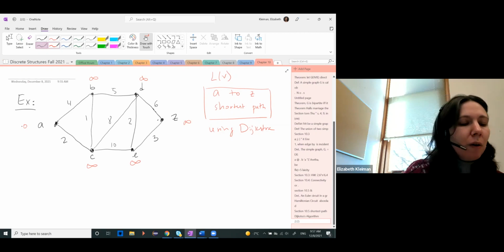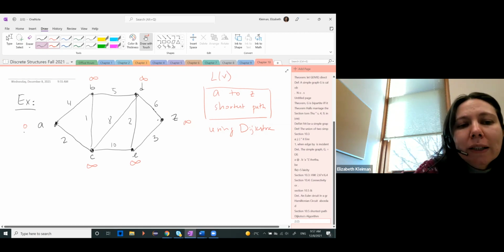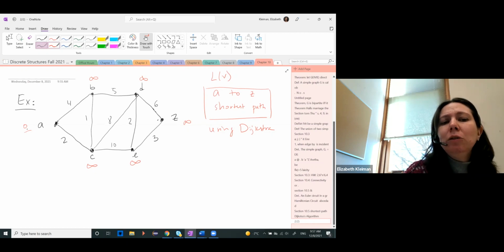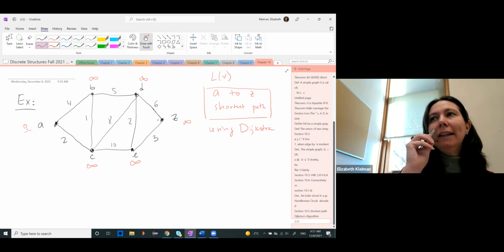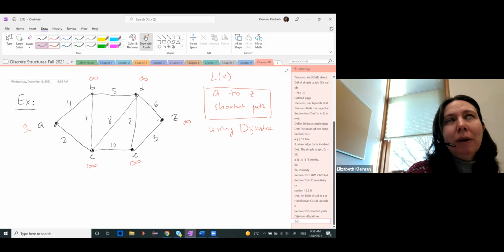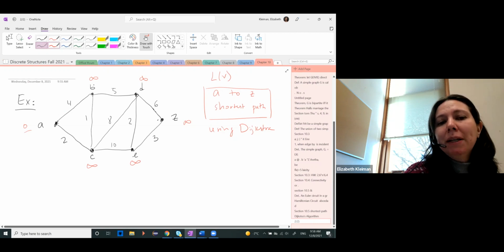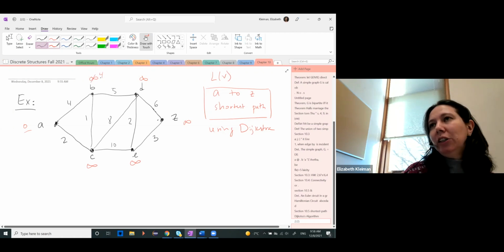Okay. So what I do now is check the neighbors of A. I'm starting with the smallest one out here. And what I need to do is find the L if I can. If I have an edge from A to B, I'm going to replace the B value with 4, because the weight of this edge is 4.